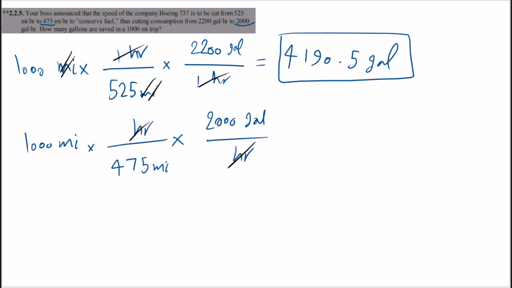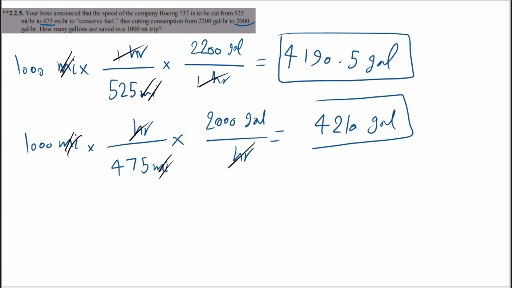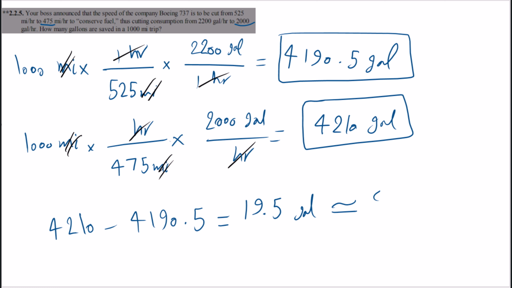So 4,210 gallons is our answer. But it says how many gallons are saved. So you must write this minus this. See how many gallons are saved. It will be 19.5 gallons. It is nearly 20 gallons saved.